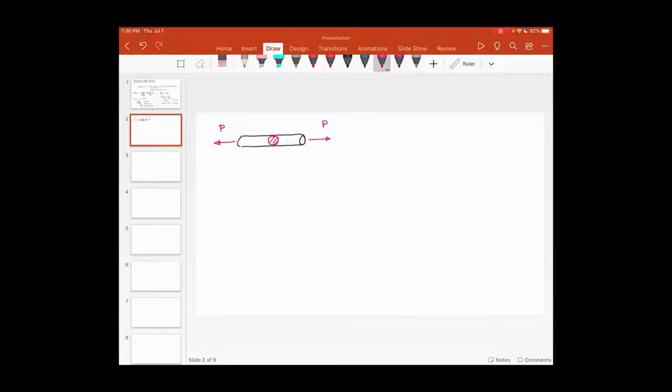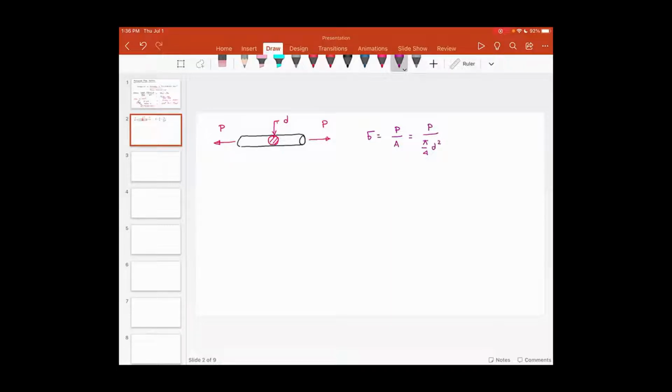So you have the cross section, but you are drawing the rotated cross section, and this has a diameter D. So if you look at the stress, sigma is equal to P divided by A, which is P divided by pi by 4 D square.